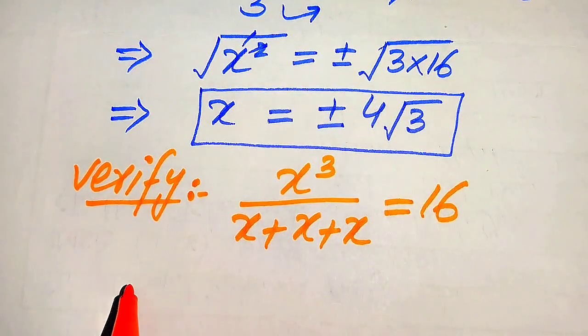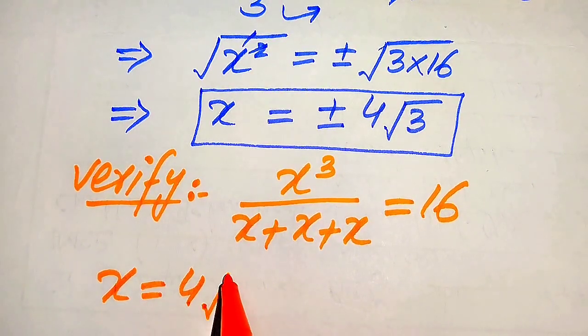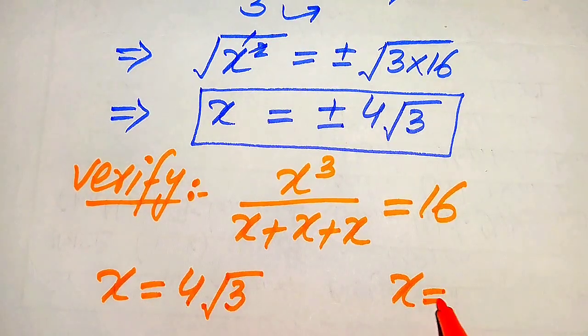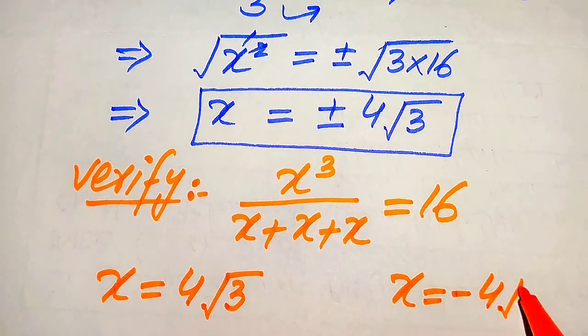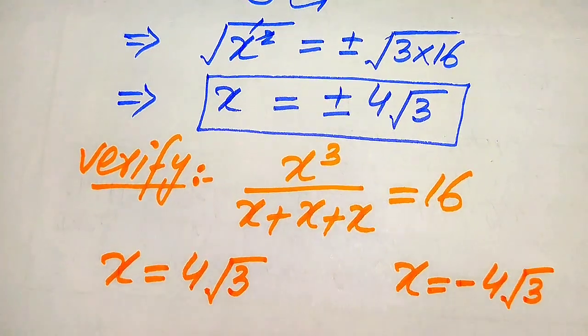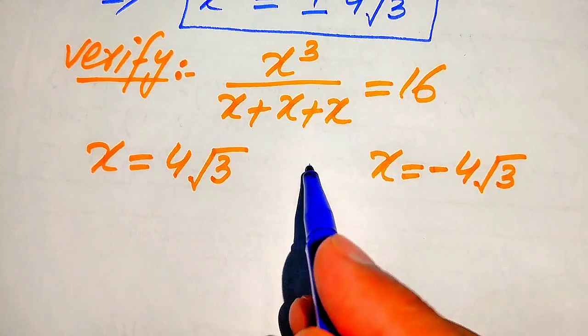And we put both of these roots here, and in this side we put the positive root, it is 4 times the square root of 3, and in this side we will put the negative root, it is negative 4 times the square root of 3. So further in the next step, we need to verify both of these roots.